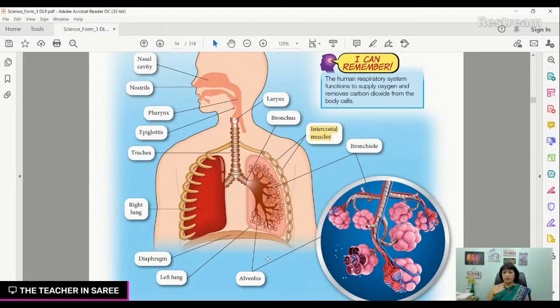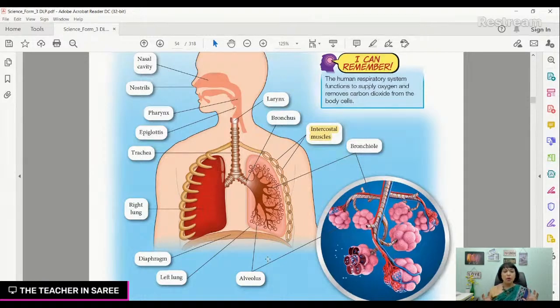Please note my words. This is called the respiratory system, because it is made out of various organs. The respiratory organ is your lungs. So be careful of these wordings. The respiratory system consists of your trachea, bronchus, bronchioles, all this.